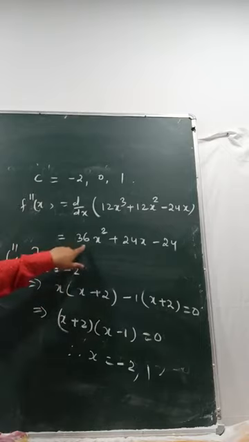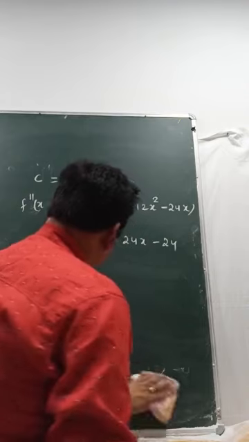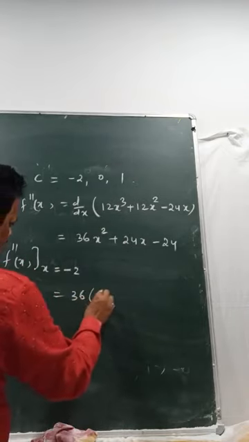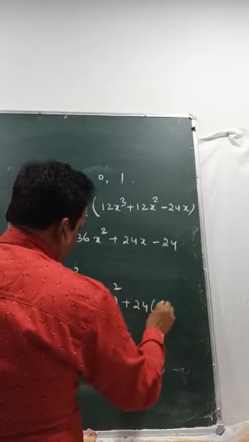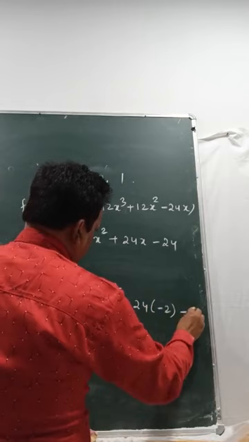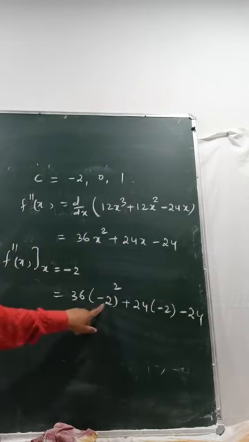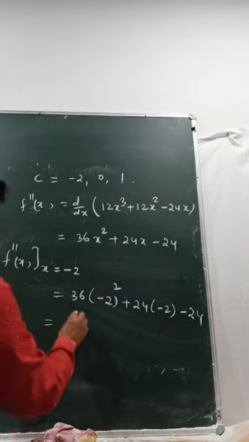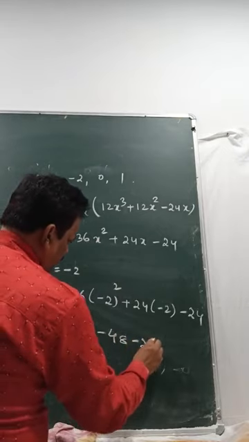Put minus 2 here: 36 times minus 2 square plus 24 times minus 2 minus 24. 2 square is 4, 36 times 4 is 144, minus 48 minus 24.